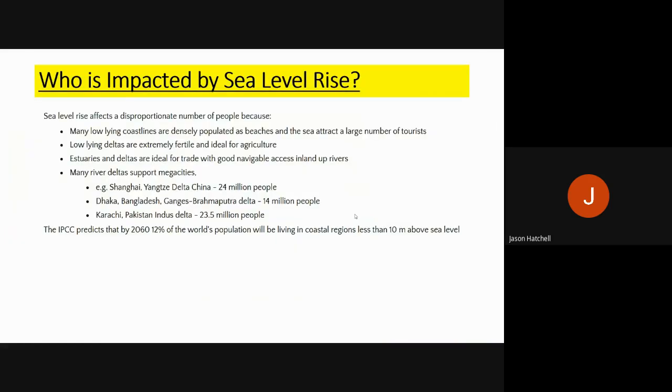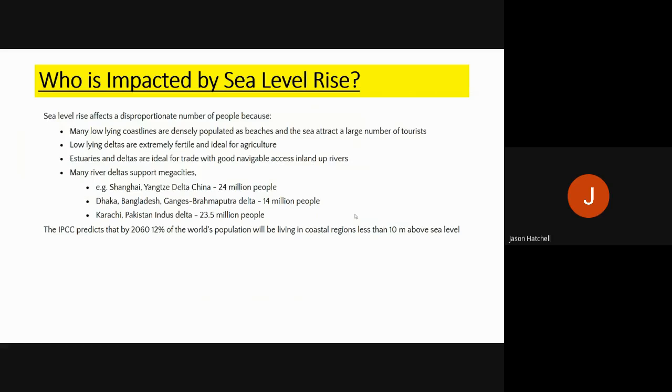Now, generally, who is impacted by sea level rise? Why do we talk about it so much? So it affects a lot of people around the world, and the reason for it is many coastline areas are well populated. They have beaches, they attract large amounts of tourists, they have ports where lots of poorer cities are based. They are generally extremely fertile, so lots of agricultural land is used at coastlines.